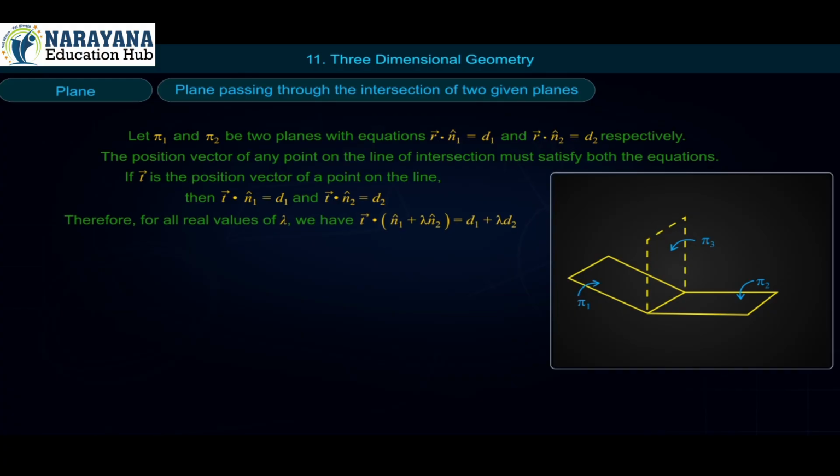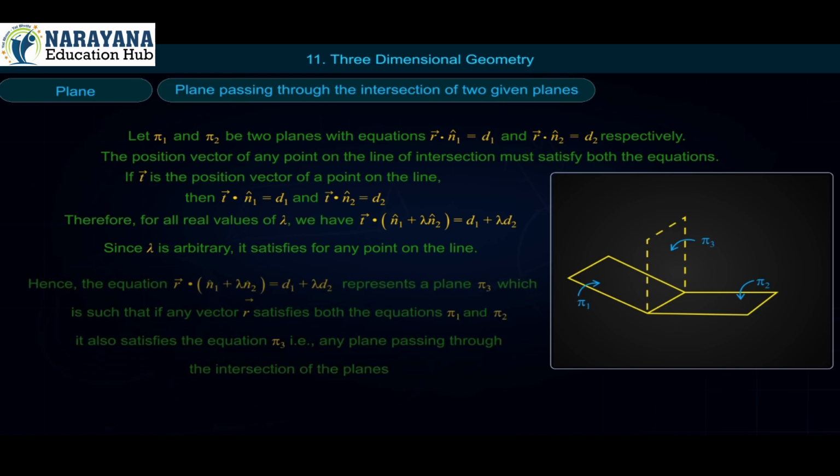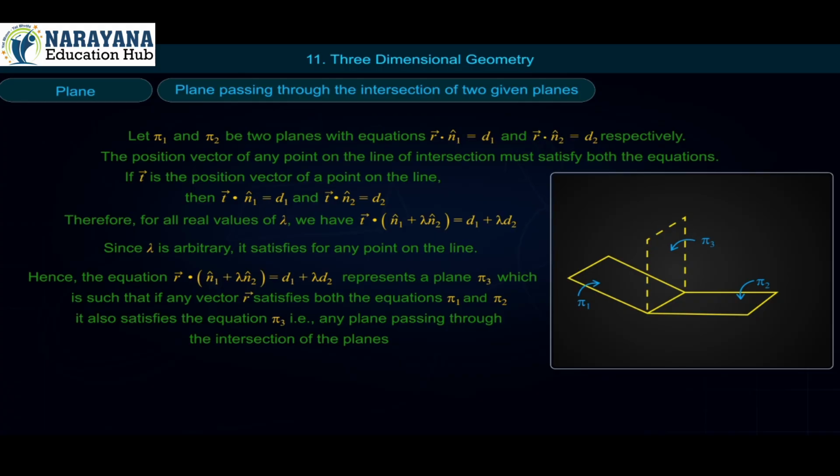Therefore, for all real values of lambda, we have vector t · (n1 cap + lambda n2 cap) = d1 + lambda d2. Since lambda is arbitrary, it satisfies for any point on the line. Hence, the equation vector r · (n1 cap + lambda n2 cap) = d1 + lambda d2 represents a plane pi 3, which is such that if any vector r satisfies both the equations pi 1 and pi 2, it also satisfies the equation pi 3.